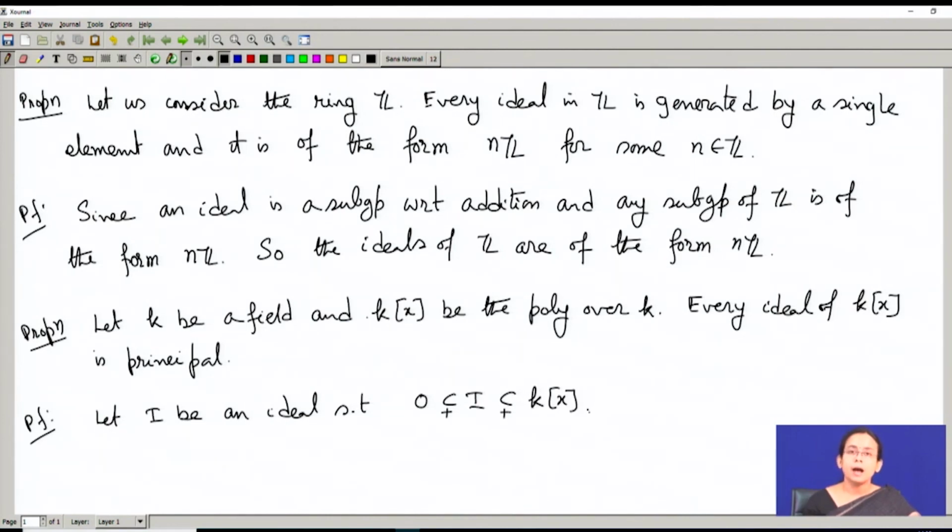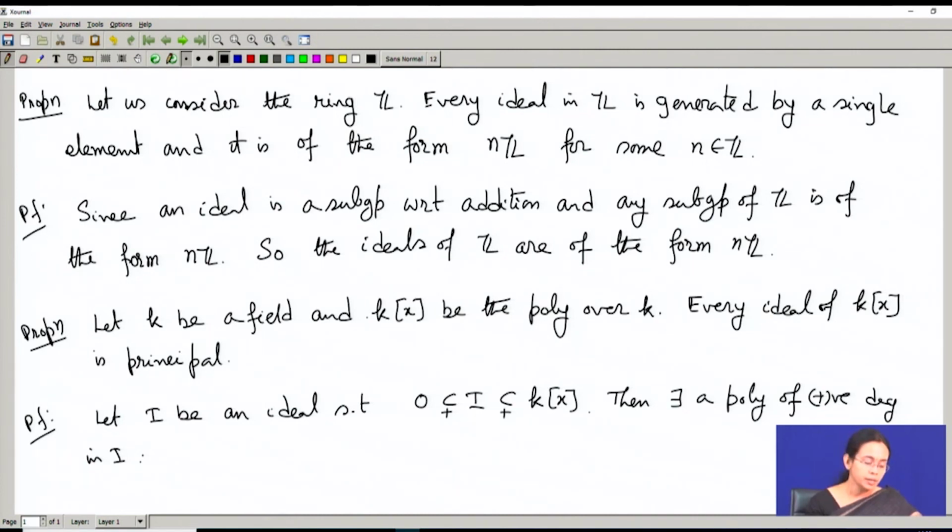Then there exists a polynomial of positive degree in I. I will try to show that I is generated by a single element, so I have to find an element which will generate I. How do I choose that element?